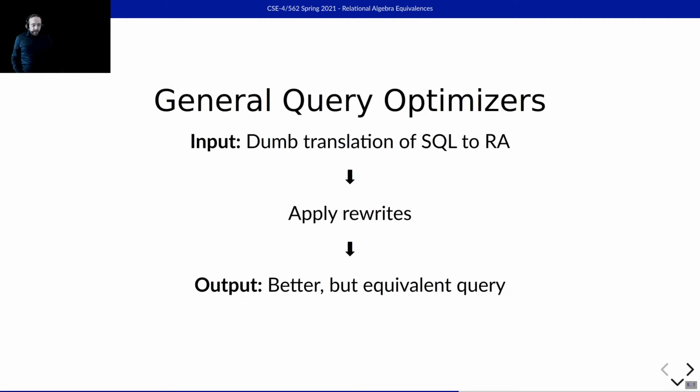Okay, so to recap, what a typical query optimizer will do is start with a really naive translation of the SQL into a relational algebra expression, and then apply these rewrites to get a relational algebra tree that is more efficient, or at least that maps to a more efficient way of computing the query results.